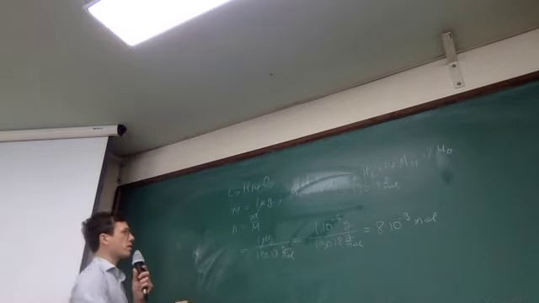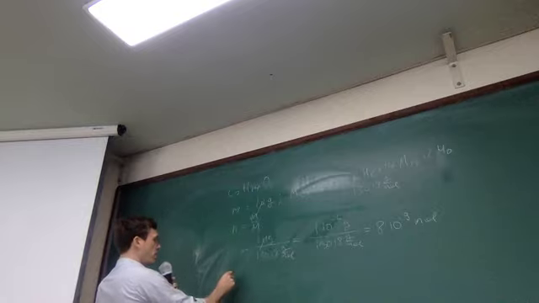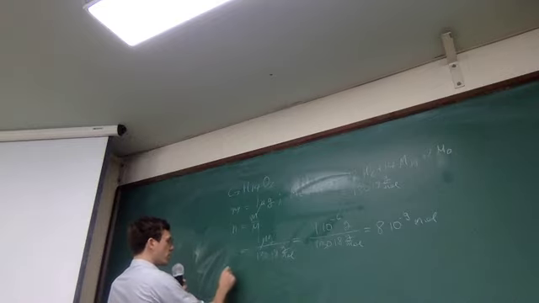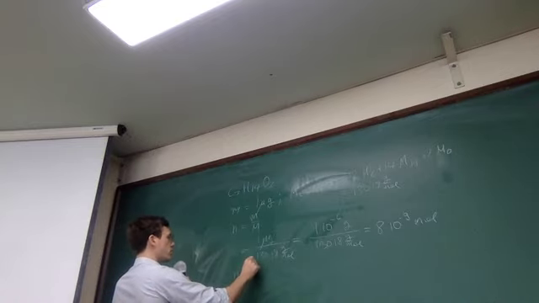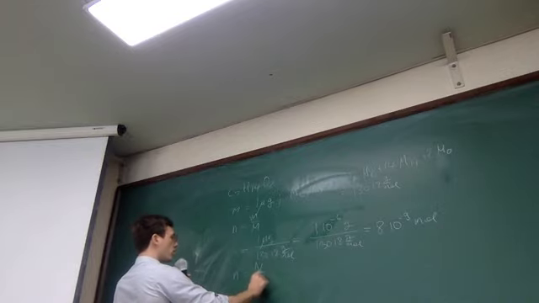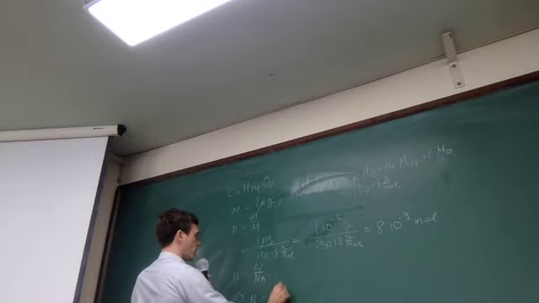So to get particles, you use the second equation that we had. Remember, n equals capital N over Avogadro constant. So capital N would be small n times N_A.